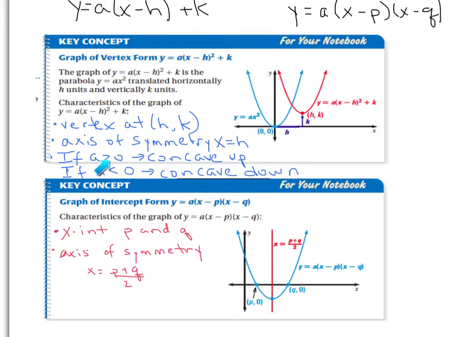If a is greater than 0, which means that it's positive, your parabola will be concave up, which means that it opens upward. And if the a value is less than 0, meaning it's negative, it will be concave down. Then it would look something like this. That would be concave down.